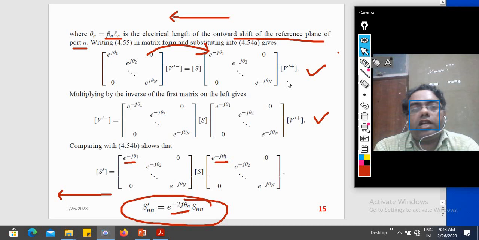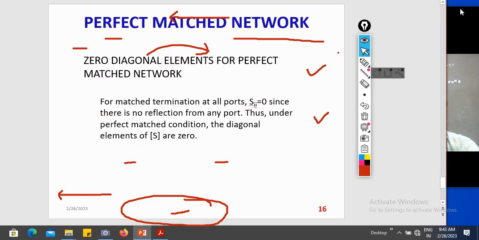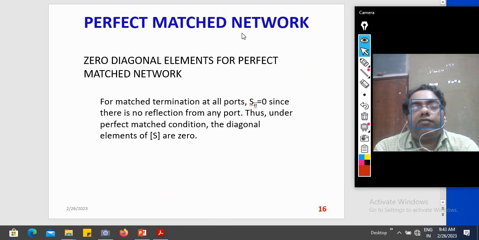And finally, another very important property is the perfect match condition. If I have an S matrix and all terminals are perfectly matched, then Sii will be 0. That means S11 will be 0, S22 will be 0, because S11 means what? Say this is port 1.